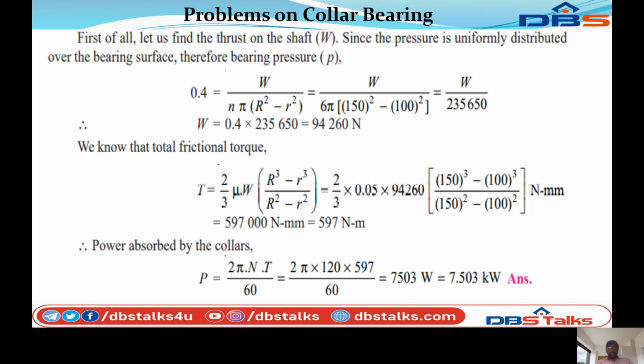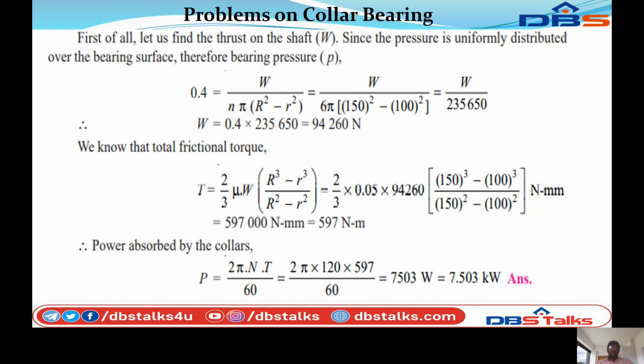We know that the total frictional torque T equals 2 by 3 into mu into W into (R cube minus r cube) by (R squared minus r squared). Substituting the values, that equals 2 by 3 into mu 0.05 into W 94,260, into R 150 whole cube minus r 100 whole cube divided by R 150 whole squared minus r 100 whole squared.